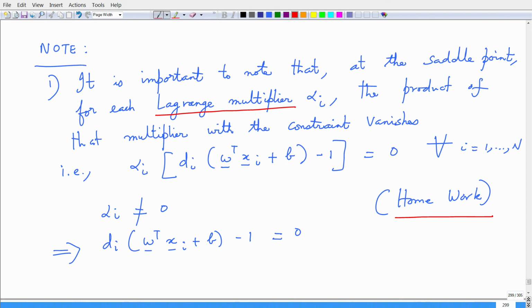Alpha i can be greater than or equal to 0, and for alpha i not equal to 0, what boils down is this condition: d i times (W transpose x i plus b) equals 1. So, I want you to ponder about this condition.